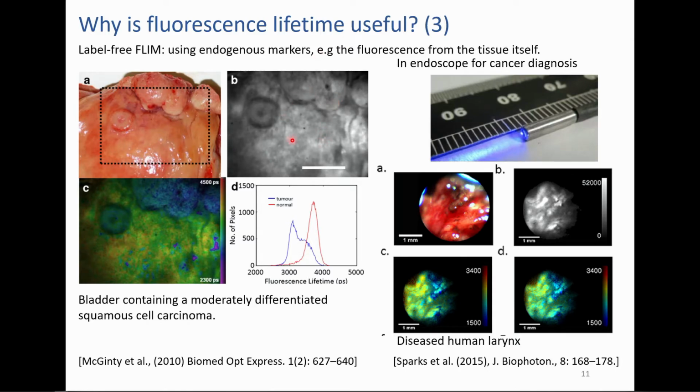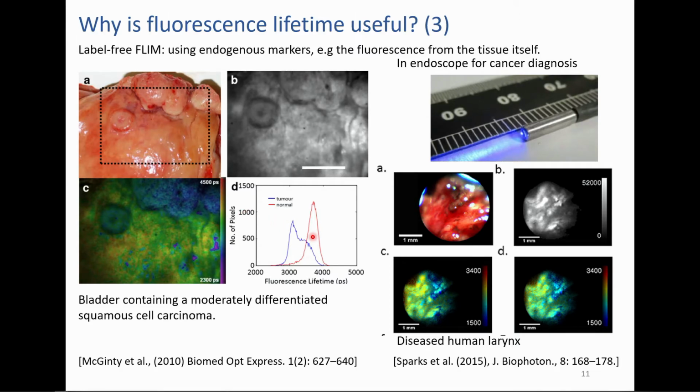So here's an intensity image of this tissue, and you may see there's some tumorous stuff here, but these are already fully grown tumors. But around here, it looks very homogeneous. But actually, what you see on the lifetime images is that there are blue regions in here, which already indicate that the cancer has spread out into adjacent tissue, which you wouldn't see by just looking at intensity itself.